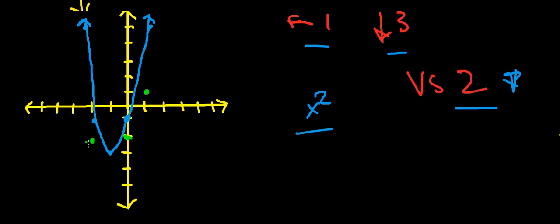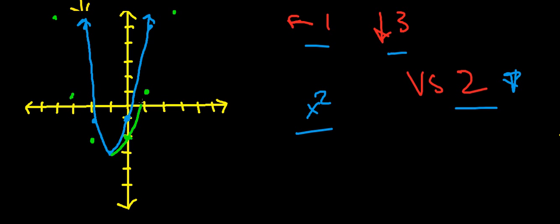So that would have been here. 2, 4. That's a little bit low. And if we had put in 3, we would have gotten 9. So this was up 8, so this would be right up here.